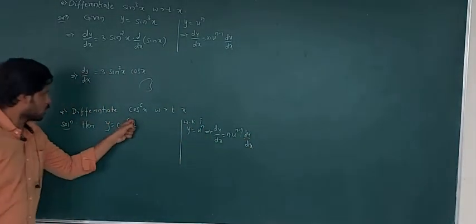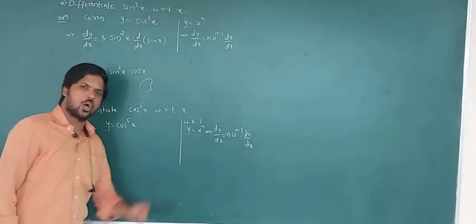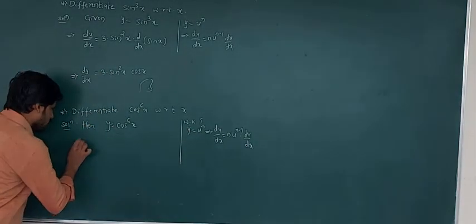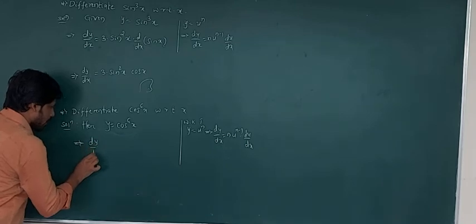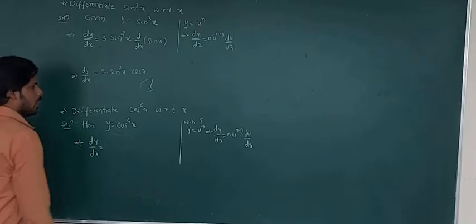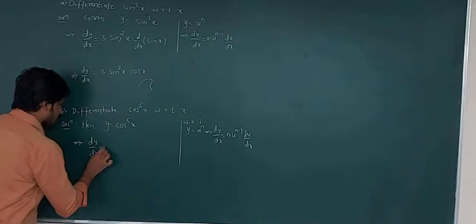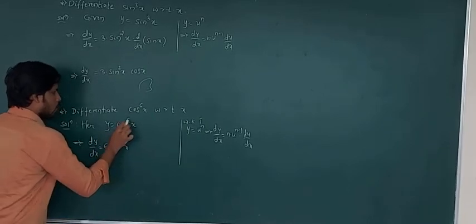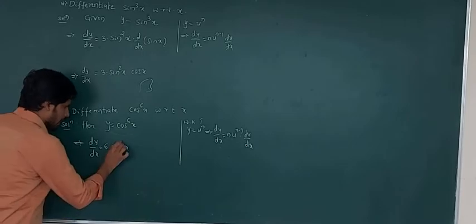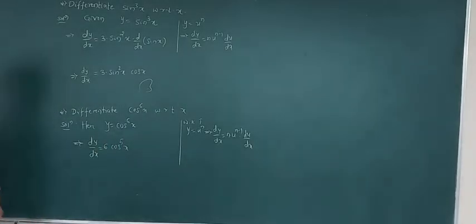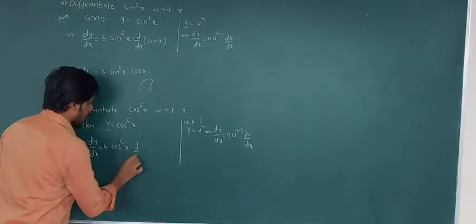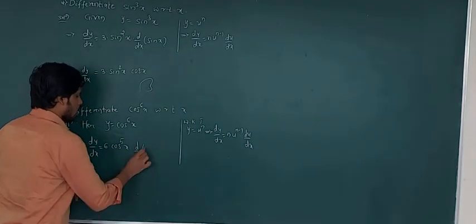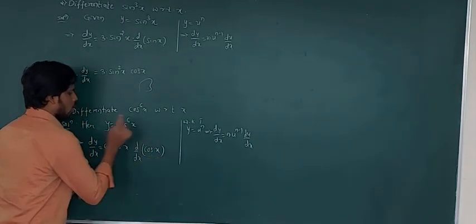Here n equal to 6 and u equal to cos x. So dy by dx is equal to 6 into cos x to the power 6 minus 1, which is 5, so cos to the power 5 x into d by dx of cos x, because u equal to cos x.